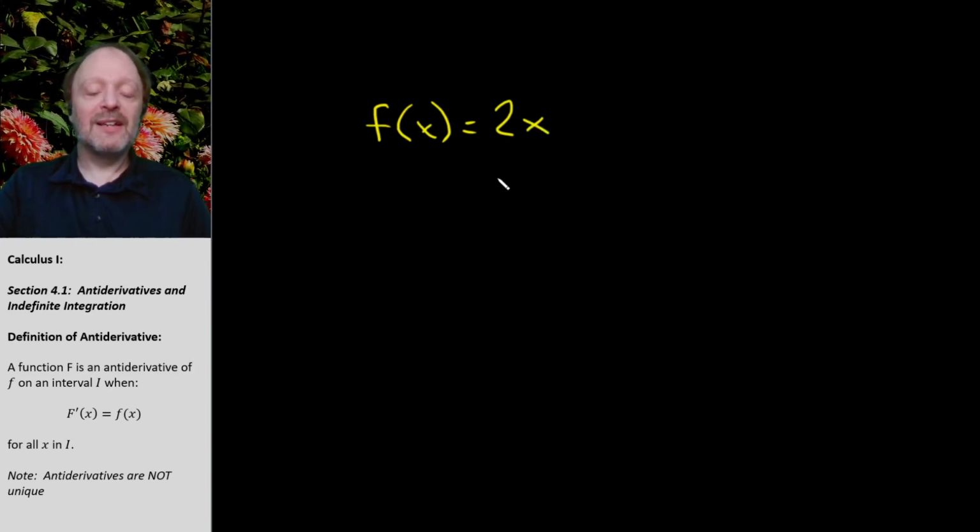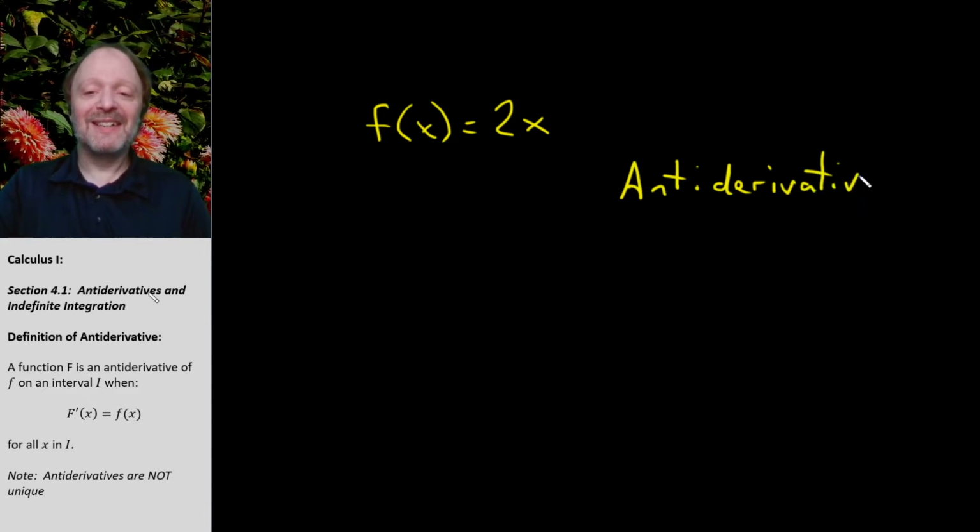Well, an antiderivative is what you get if you differentiate backwards. So let's say that I have an equation f of x equals 2x. So the antiderivative, and I'm going to try not to write this out too many times because it is a long word, is what would I differentiate to give me 2x?